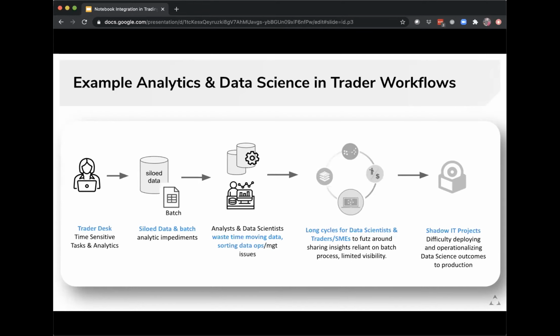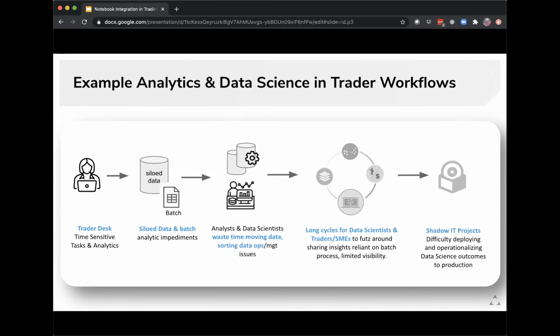If we're trying to get some analytics or guidance back from SMEs, like let's say compliance, or data scientists, developer-oriented quants that might be working in more precise ways, trying to give us information.